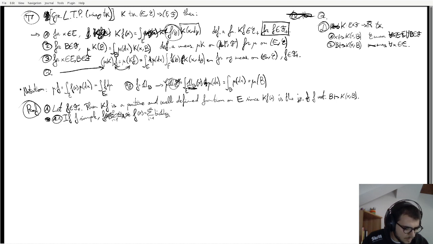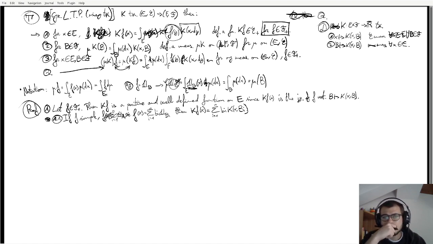For any B_i, then kf of x is the sum of a_i times k of x and B_i, and I don't know why it is done in this way. And this shows that kf is measurable.